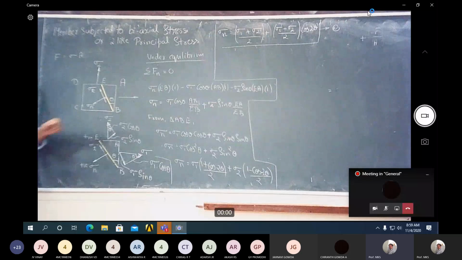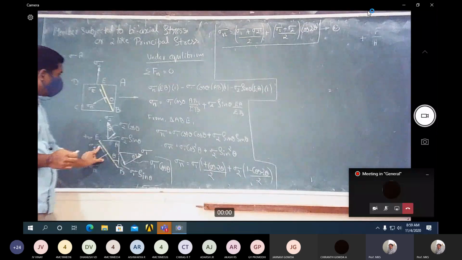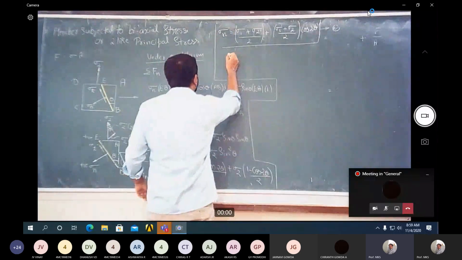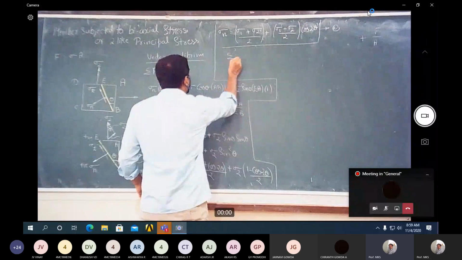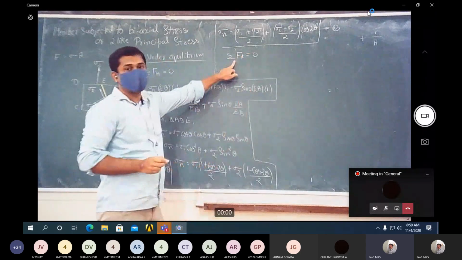Under equilibrium condition, let us resolve this tangential force. Let us equate the sum of the tangential force to 0.